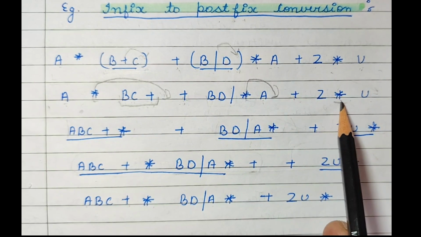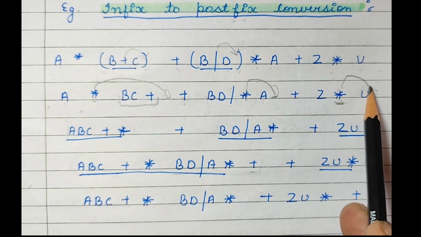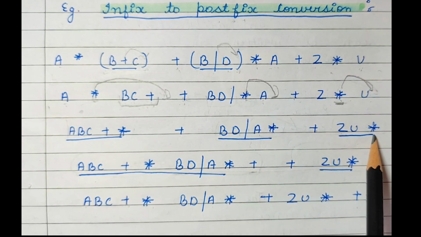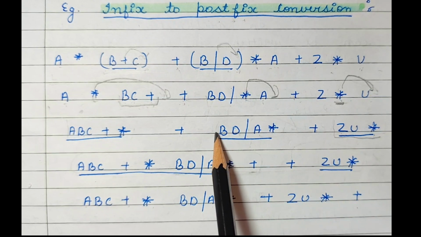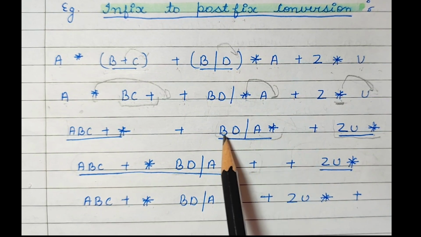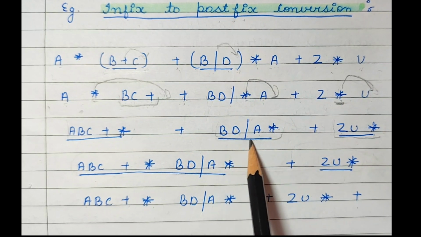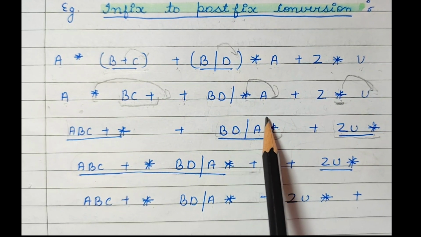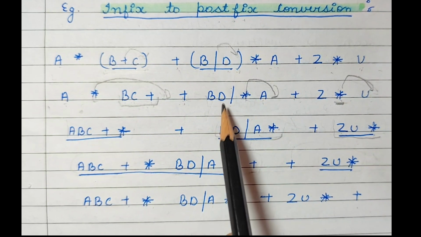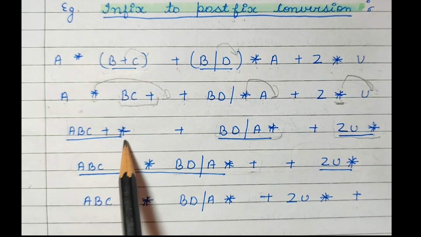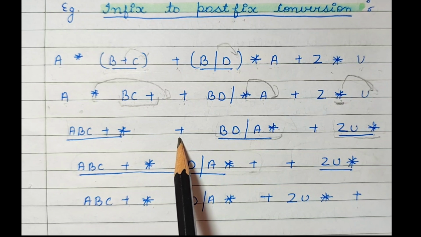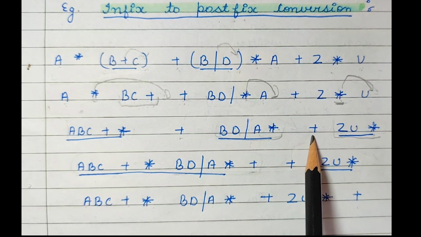After this we evaluate this multiply, it goes further. It becomes ZU star. Now this collectively becomes a single operand. BD divide A star collectively becomes a single operand because we have evaluated it in the previous step. Now we have two operators, one plus operator and second plus operator.